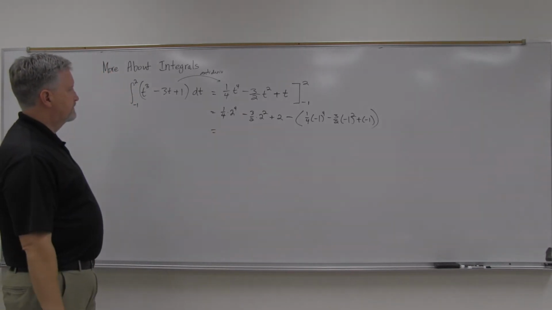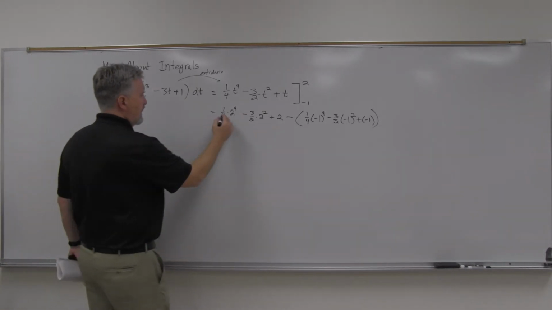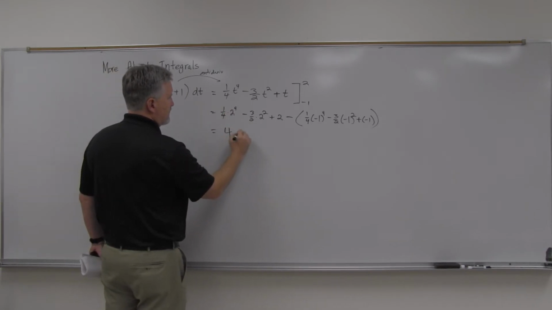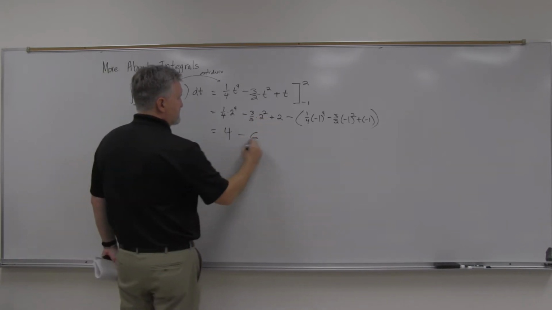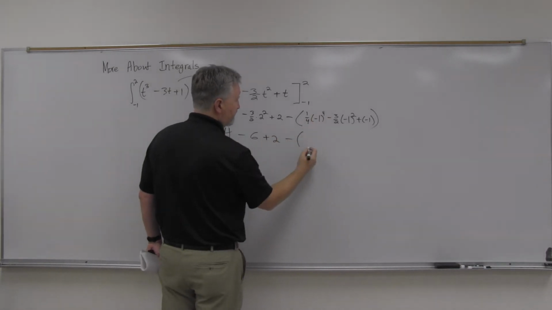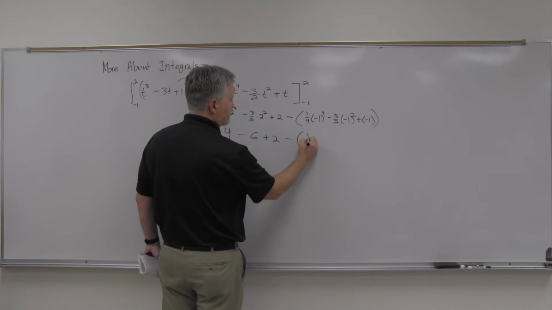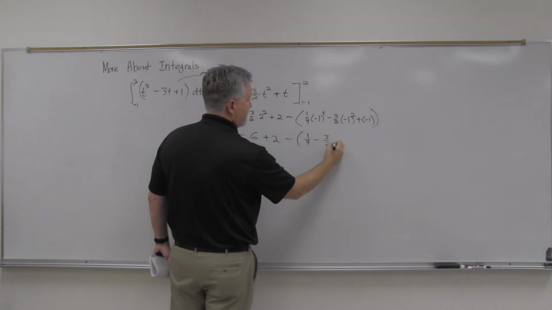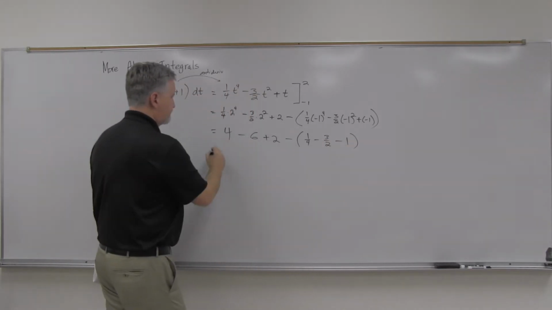That's what this will come out being. It's 1/4 of 16, which is 4, minus 3/2 of 4, which would be 6, and then plus 2. Then these will be minus 1/4, since -1 to the 4th is positive 1, so that'll just be 1/4, and -1 squared is positive 1, so that'll be minus 3/2 minus 1.